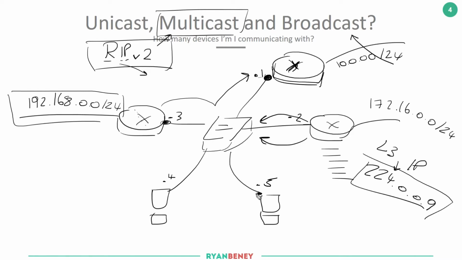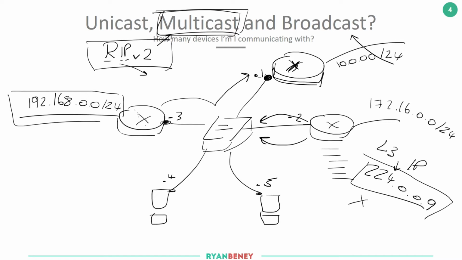These PCs down here will not be listening for 224.0.0.9. Therefore, the traffic will not be sent to the actual PCs themselves. So what we have again is multicast, where even though they're all on the same segment and the same subnet, only 3 of the devices are communicating through multicast communication.